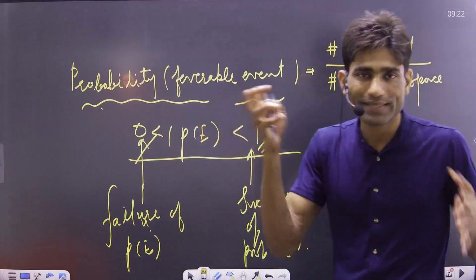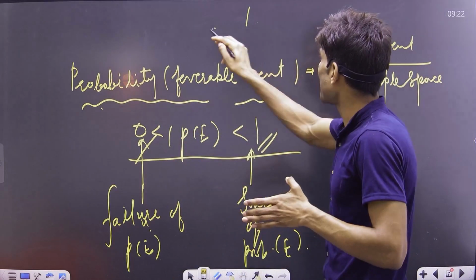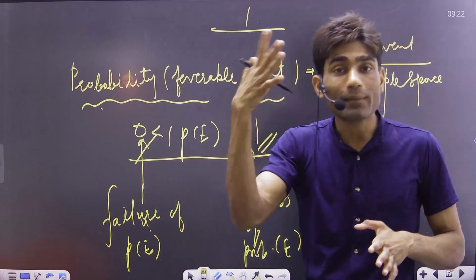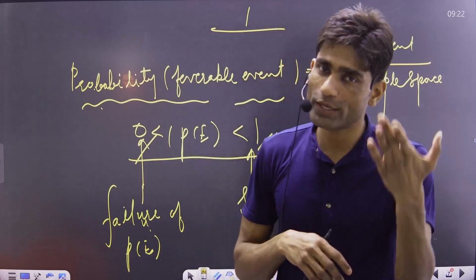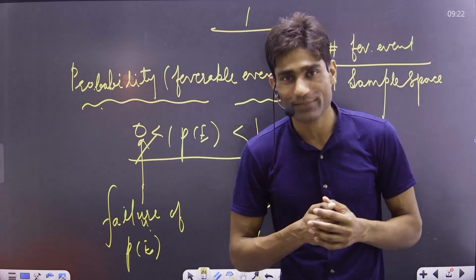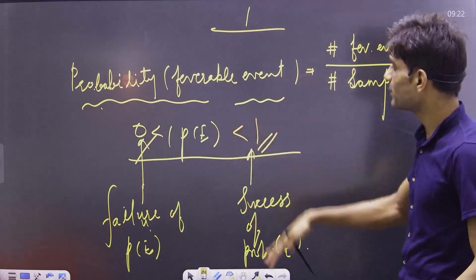Any probability which lies between 0 and 1 comes as 1 divided by any number, and the number has to be other than 0, because if the denominator is 0, the number can't be defined. I'm expecting that you have all understood this part.